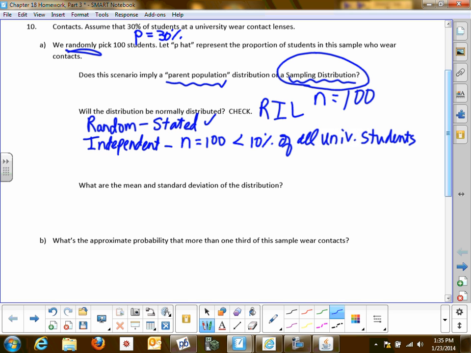Do you think it is reasonable that a university would have 1,000 or more students? I think so. So I'm going to say that's reasonable. It's a reasonable assumption. I'm jumping to an assumption. Is that going to apply to all of them? No, but most, yes. What's our last one? Large enough.